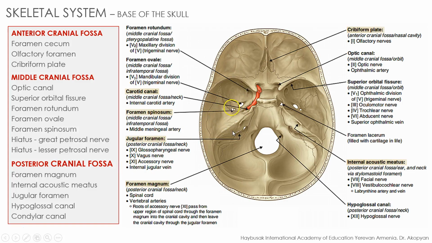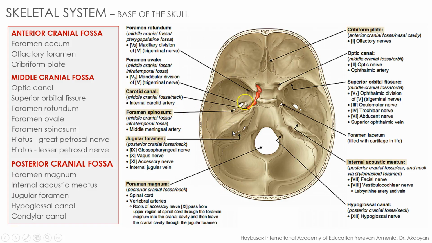Within the sphenoid bone are also seen the foramen spinosum, the carotid canal, and the foramen ovale and rotundum. The foramen spinosum is a passageway for the middle meningeal artery.